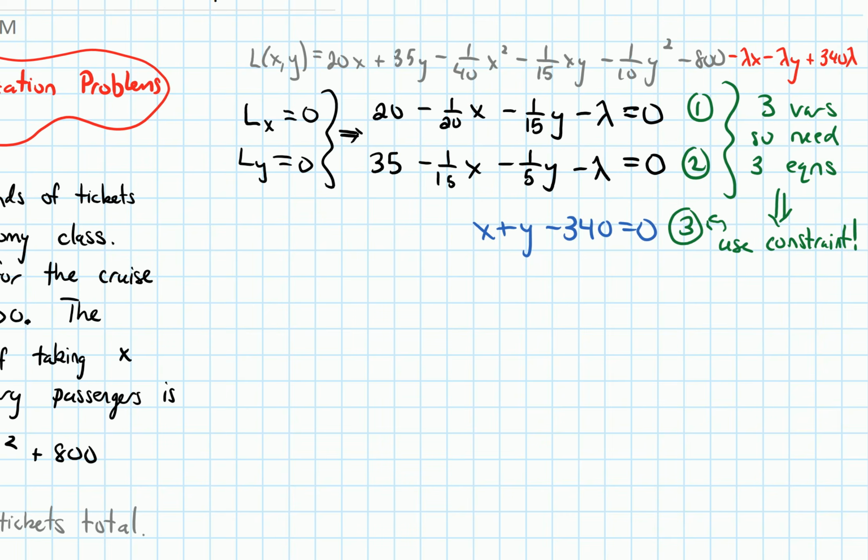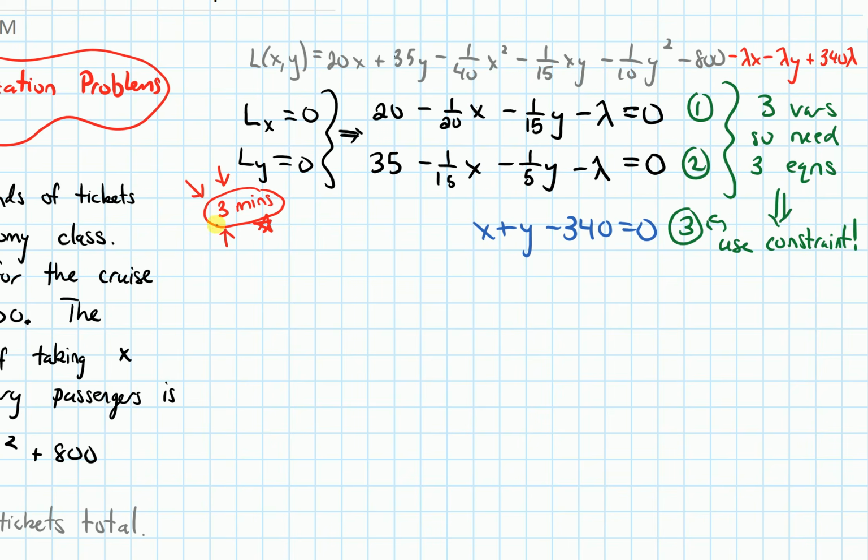So at this point, we have a system of 3 equations with 3 variables. And I want to give you the opportunity to try to solve this first. This should be some review from algebra. So pause the video and try this for about 3 minutes to solve this system of equations. 4, 3, 2, 1. Pause that video.